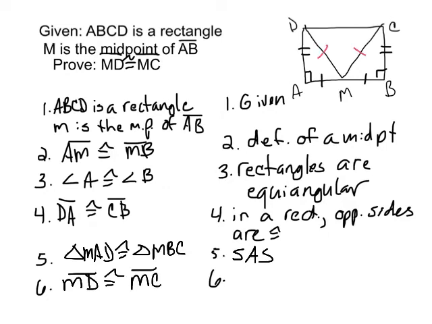MD is congruent to MC, and that reason is corresponding parts of congruent triangles are congruent. So this is an example of how you can use rectangle properties or parallelogram properties to get triangles congruent, to get other pieces of those triangles congruent.